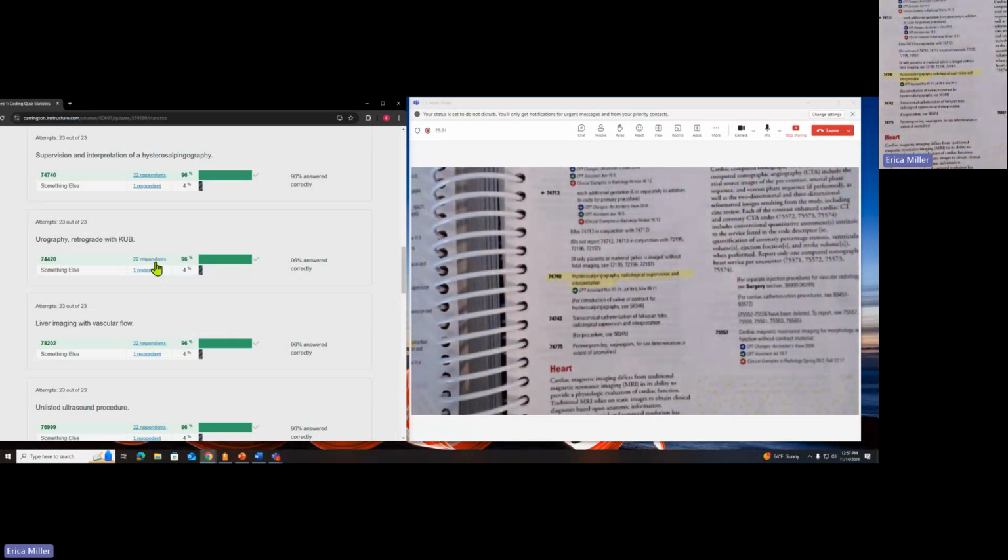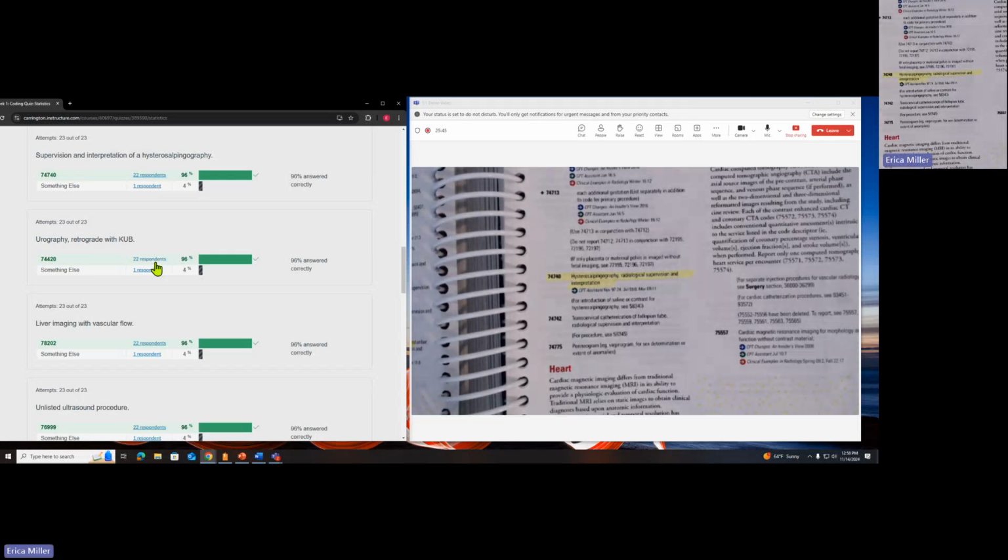But again, only code for what is being documented. For us, it's just supervision and interpretation. It's not the introduction of the saline for that service. Supervision and interpretation would be the interpretation of that image that is recorded.